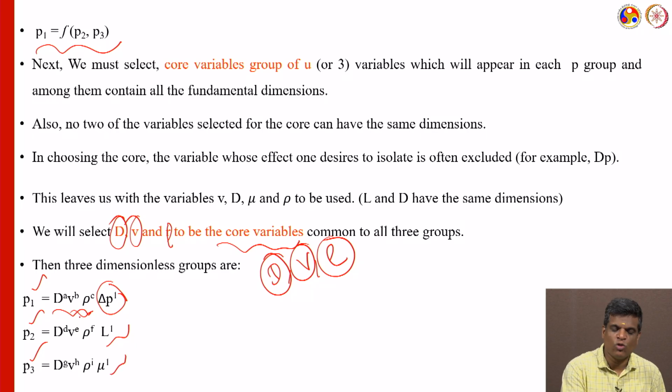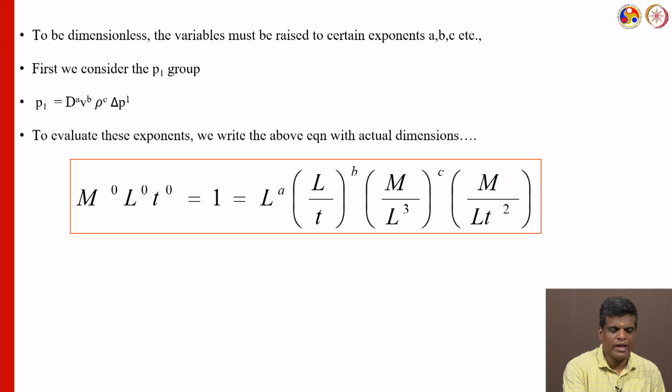So make a dimensionless group in such a way that you take the first one. Now we make 3 groups because d, v, rho are the core variables and delta P and the others are the remaining variables.